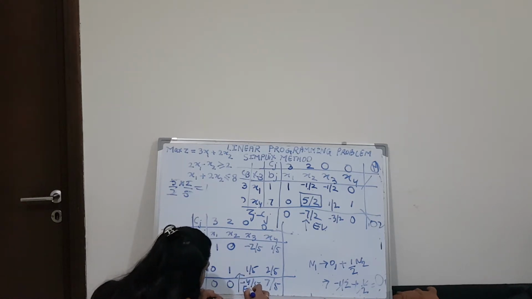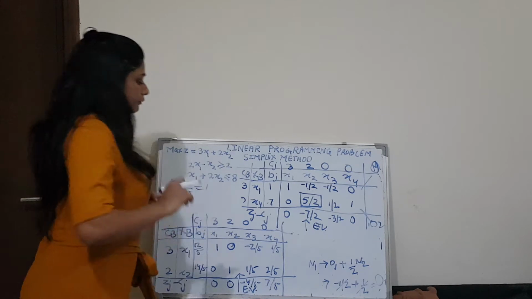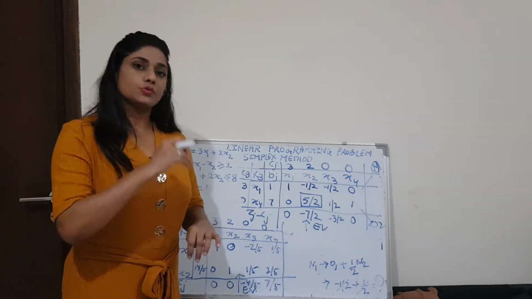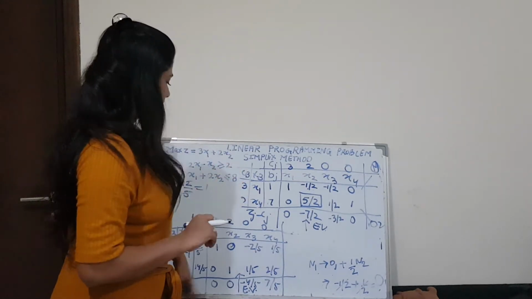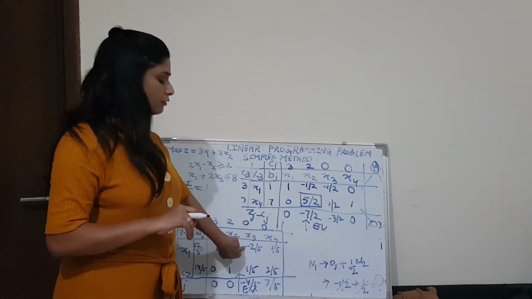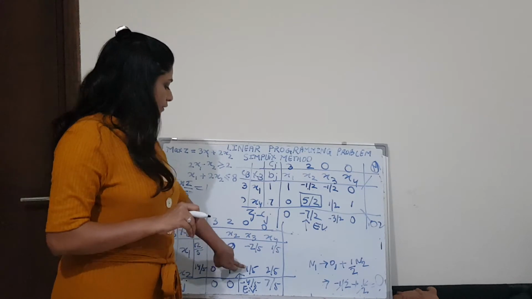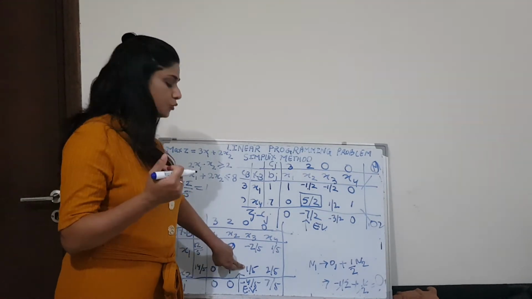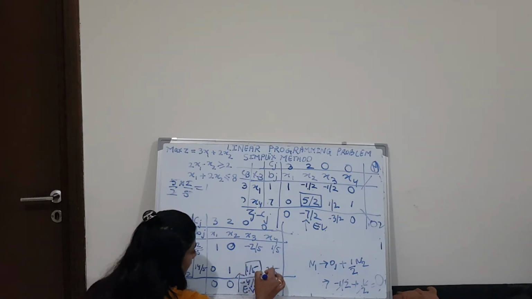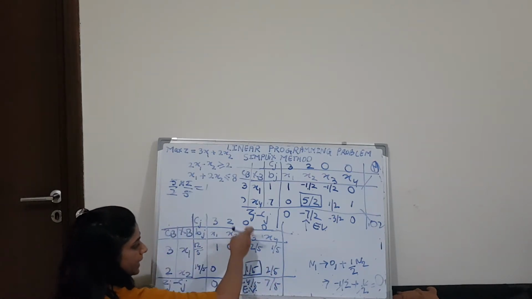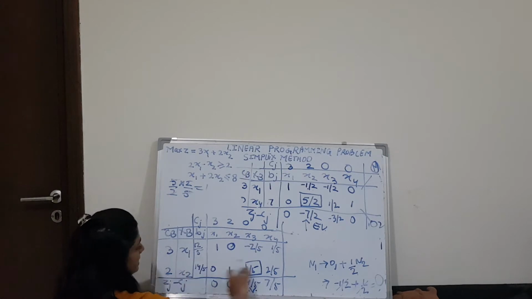After calculating the entering vector, we will find the outgoing vector. The outgoing vector formula is minimum of bj upon entering vector. But as we have only one positive value in this column, we have only one option. So the outgoing vector will be 1 by 5 from the x3 column in the second row.